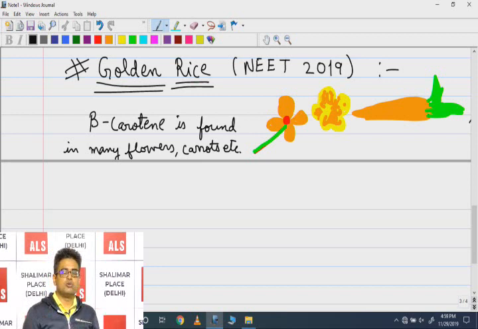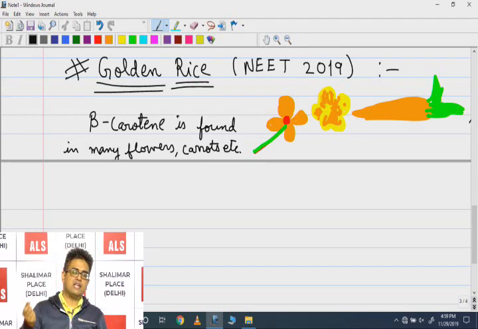So what do you want to do about it? It was not properly studied, but there was a lot of debate about it, that Indians don't need GMO crops like this. But there was a company, Monsanto and some other companies, and what they did was decide to make a rice which is yellow in color, which has some beta carotene.